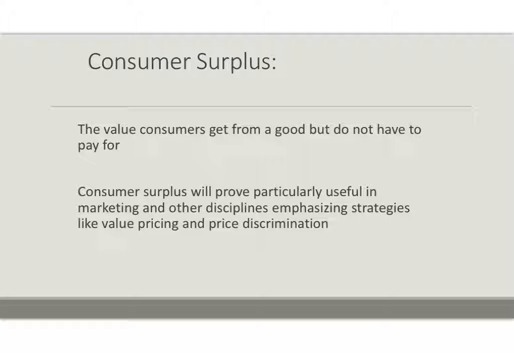A textbook definition: consumer surplus is the value consumers get from a good but do not have to pay for. For example, let's say I asked you, how much would you value a 1 week vacation to Hawaii?